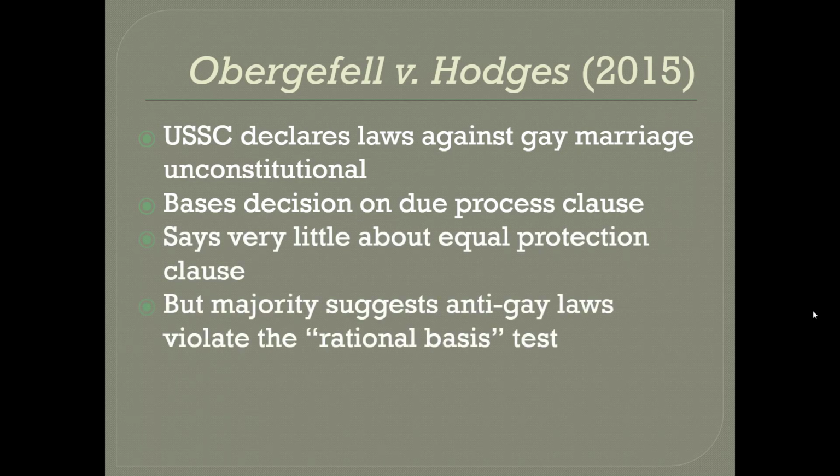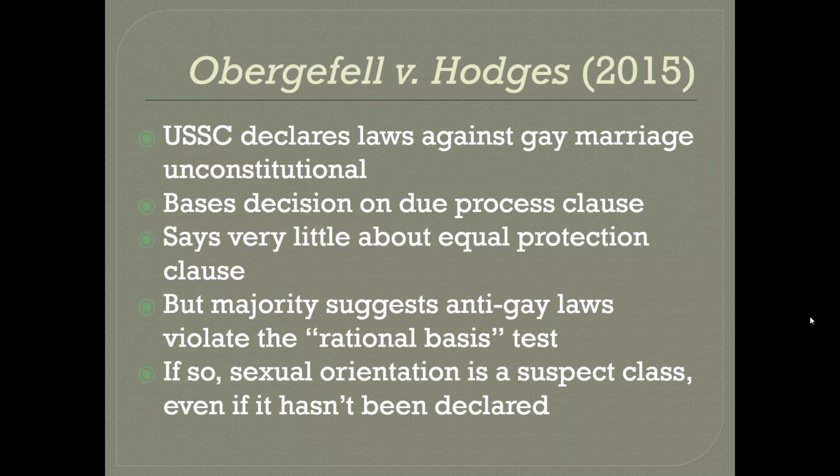But nevertheless, again, just as in the other case, the majority suggested that anti-gay laws violate the rational basis test simply because they are based on animus, and therefore, even though sexual orientation has never been declared a suspect class, it really has all the equivalent legal protections of a suspect class. So we can say that it's a suspect class in fact, if not in name. So that's where that stands.